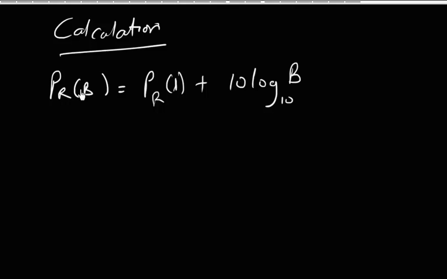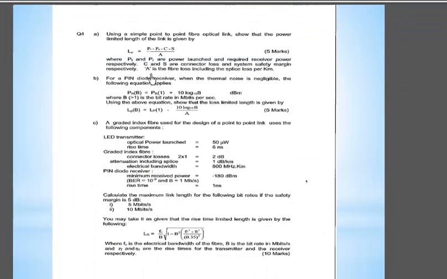This means that the receive power at a given bandwidth B is equal to the receive power at bandwidth 1 plus 10 log the bandwidth. It will tell you about bit rate; bit rate is the bandwidth. Using the above equation, show that the loss is given by this. This is just too easy.